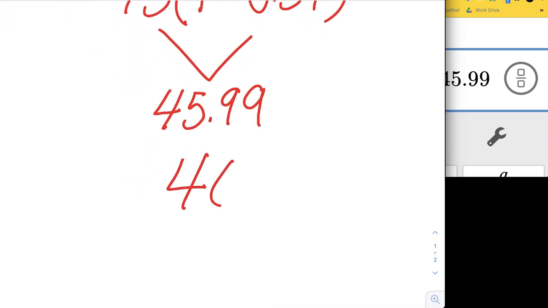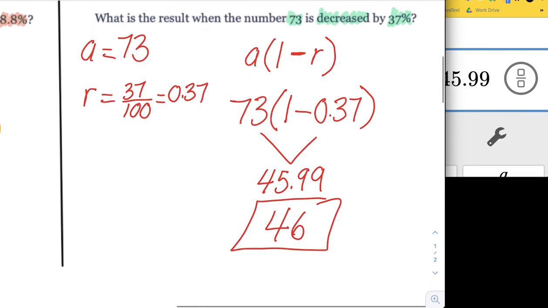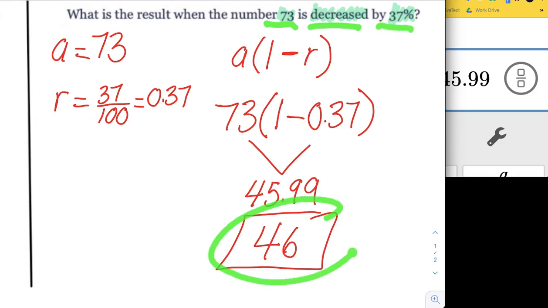So 46. There you go. Look at that. This was a decrease. So we started at 73 and we decreased 37%, right, to 46.